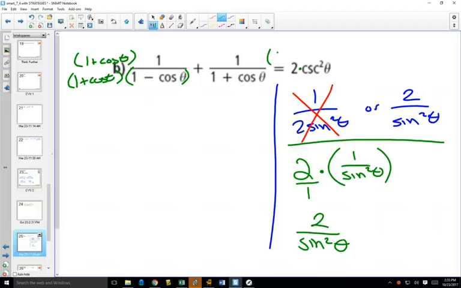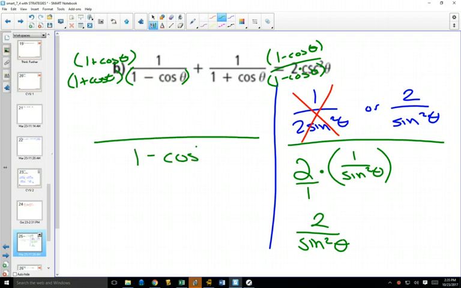And here I would need to multiply by 1 minus cos theta over 1 minus cos theta. We see the conjugate again on the bottom. So our common denominator is going to be 1 minus cos squared. And on the top, we'll get 1 plus cos theta plus 1 minus cos theta, which will just be 2.